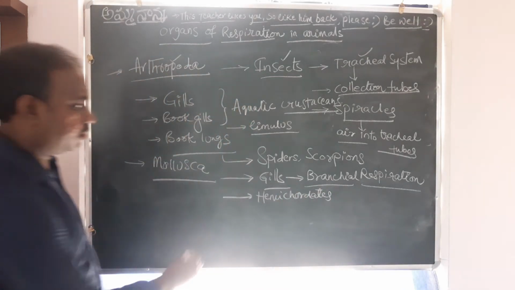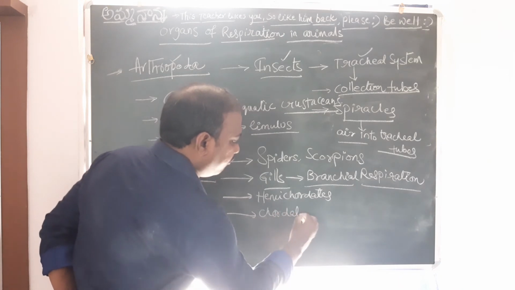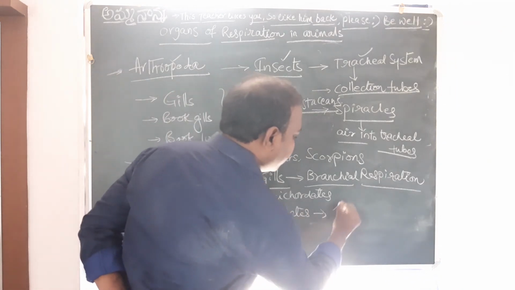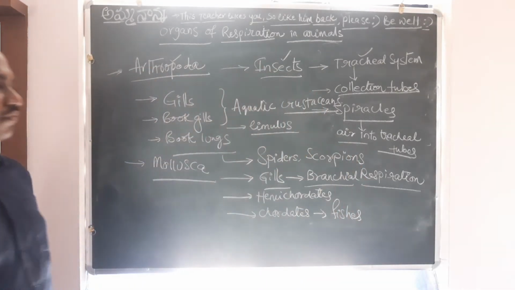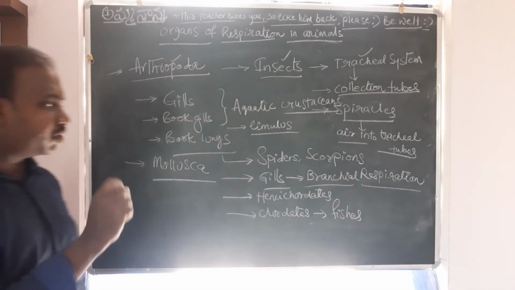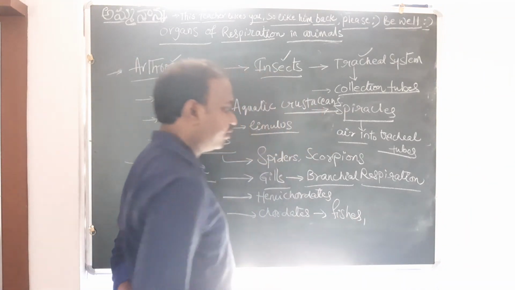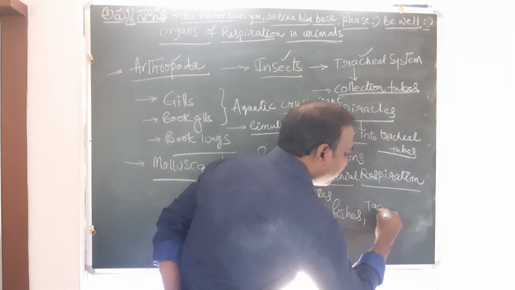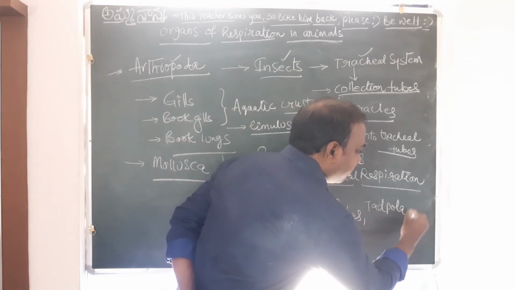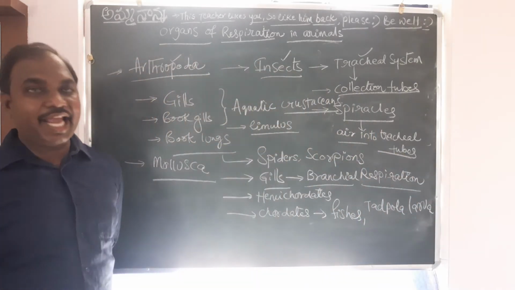In chordates, different kinds of fishes have gills, and as well the tadpole larva.